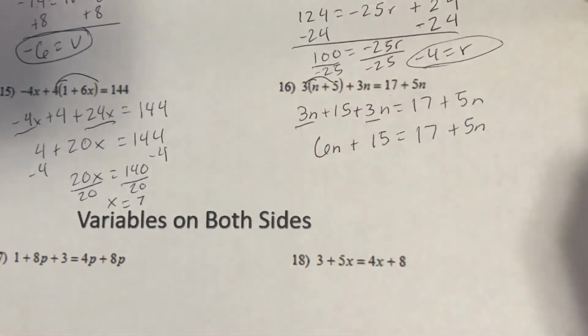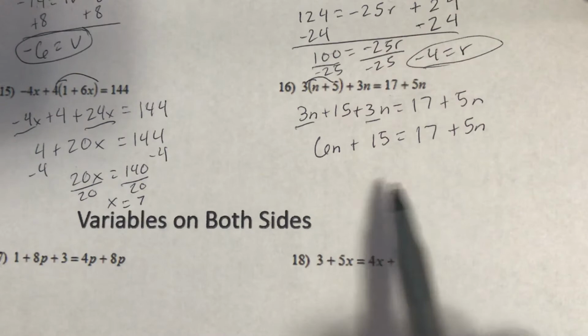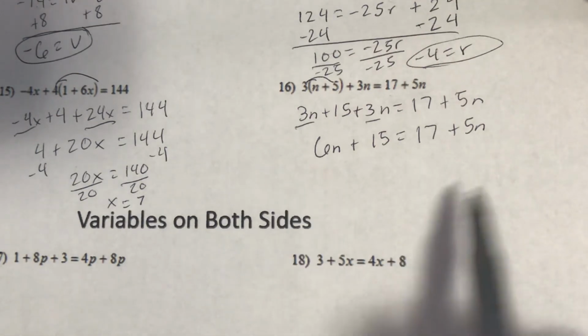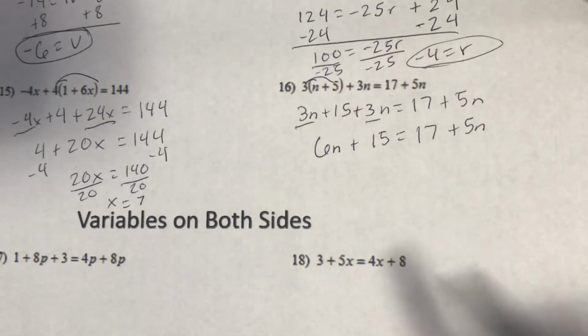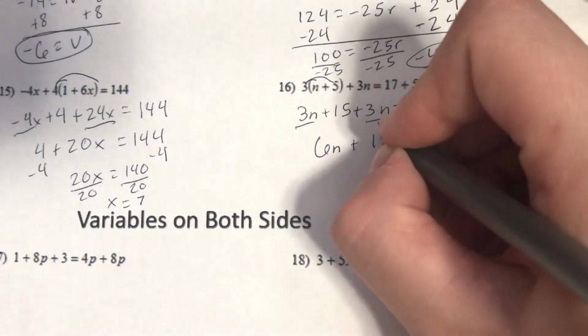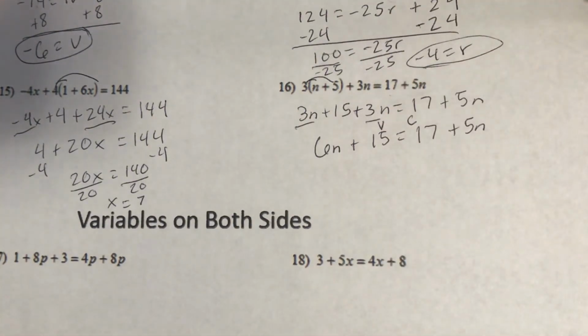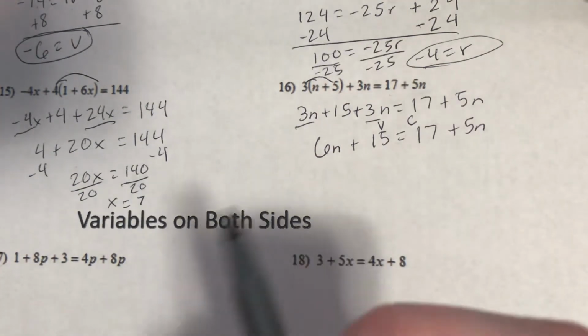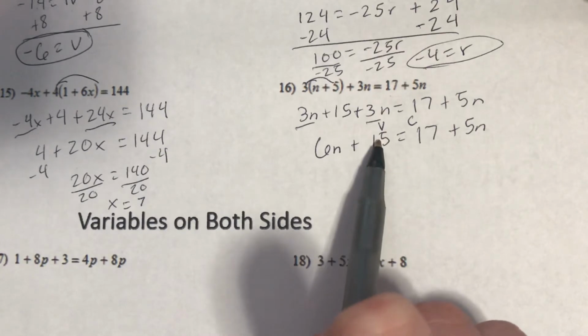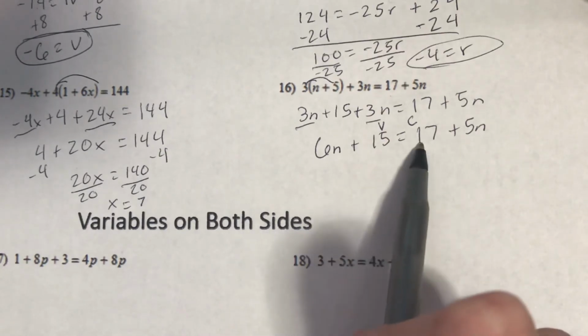Okay, and then from there, I can move my variables to one side. So I would even label these variables and then constants. I'm going to move the ones with the n to the left side. The numbers by themselves are my constants, so I'm going to move those to the other side of my equation.